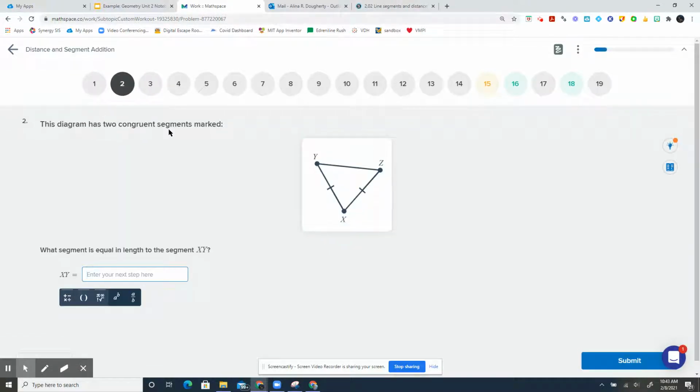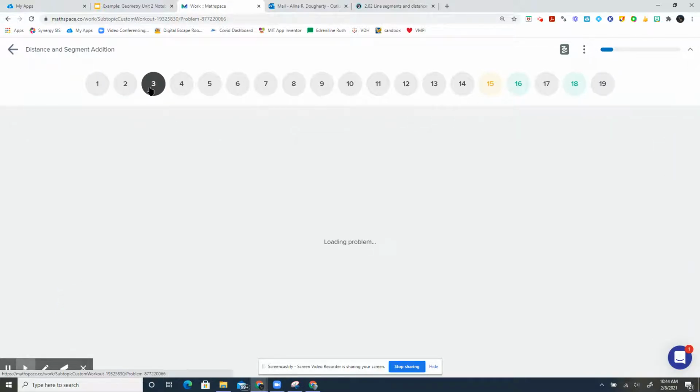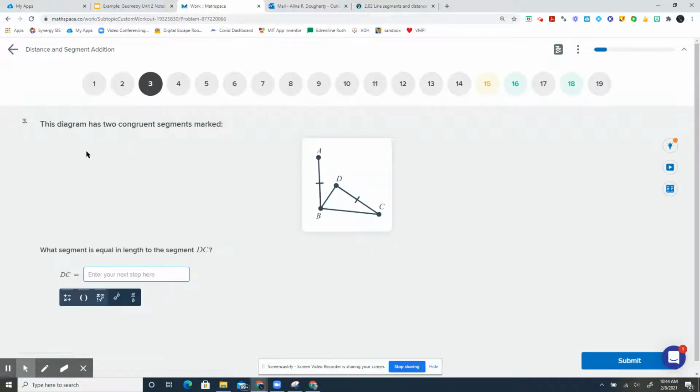Diagram has 2 congruent segments and they are marked. These congruent marks are how we mark line segments. So XY is congruent to XZ in this case, because of those congruent marks. So you want to make sure you look for those congruent marks. Question number 3 is going to be similar.